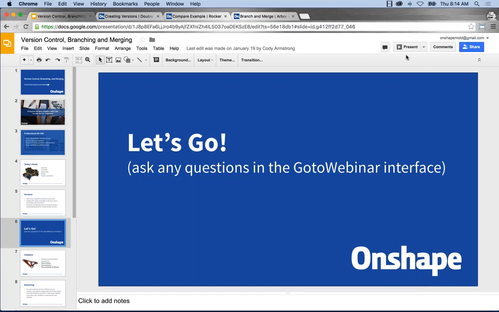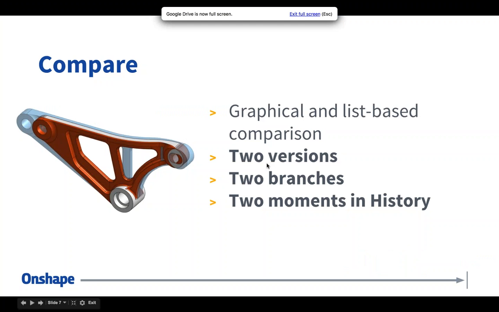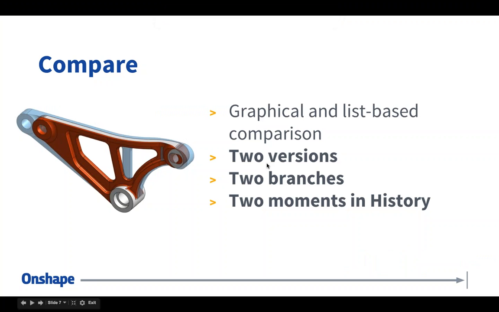Now, I'd like to jump into my next example here, and that is compare. Now, it very much ties in with versions, although you can compare really anything. But compare is one of those tools that's definitely underused and really powerful once a user gets the hang of it. It's one of those tools that's huge if you're looking for the differences between these two things. This is a great tool for that.